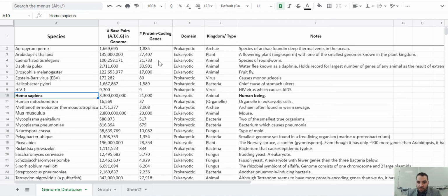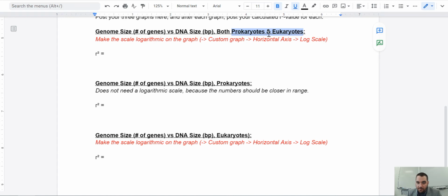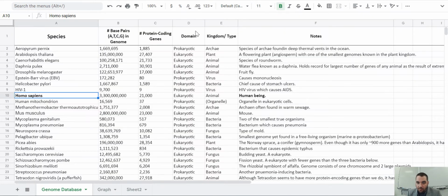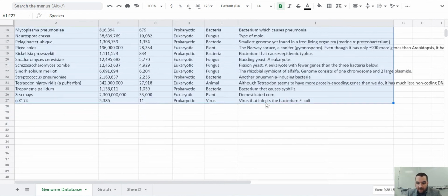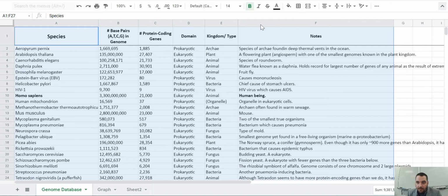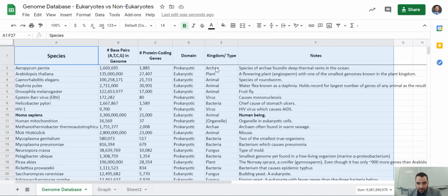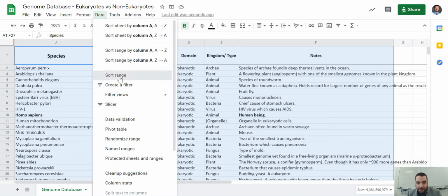First, because according to our assignment we want to do prokaryotes and eukaryotes, we're going to want to sort these according to the prokaryotes and eukaryotes. Click up here, species, drag and highlight all the way down into this corner. You're going to highlight everything, and notice we have our headings here of species, base pairs, protein, etc. You're going to go up here to data and sort range.